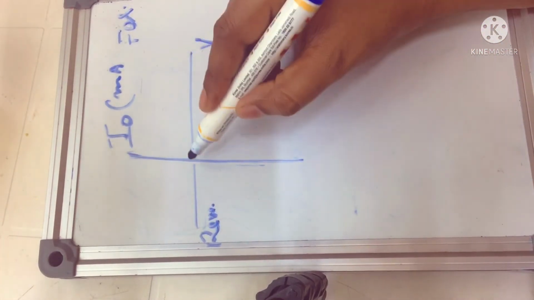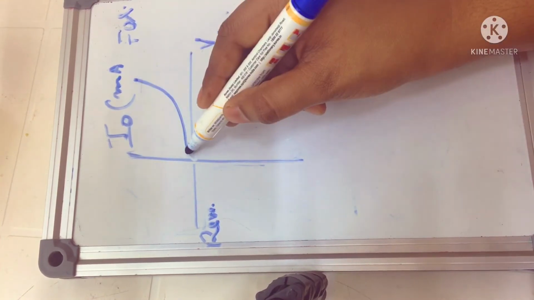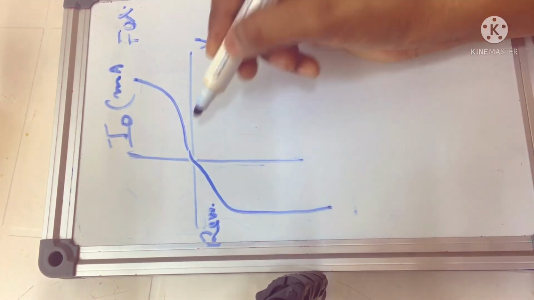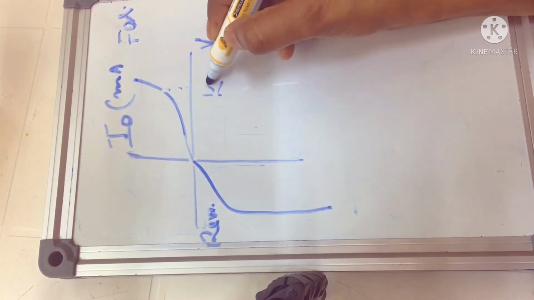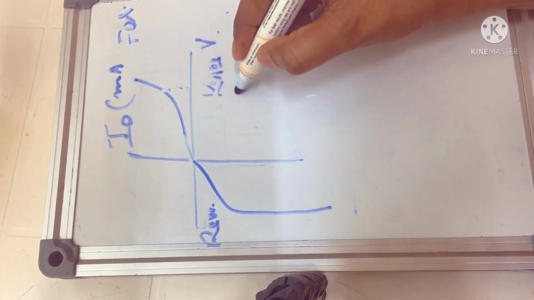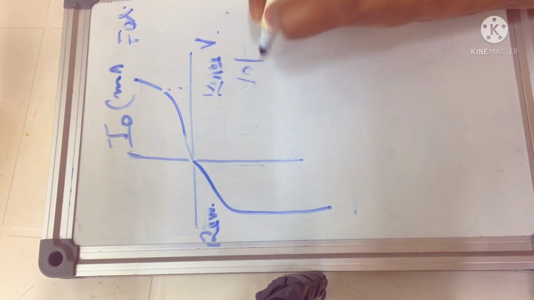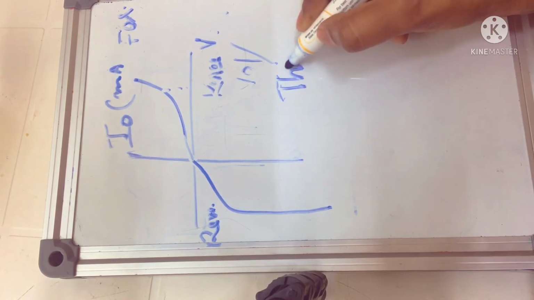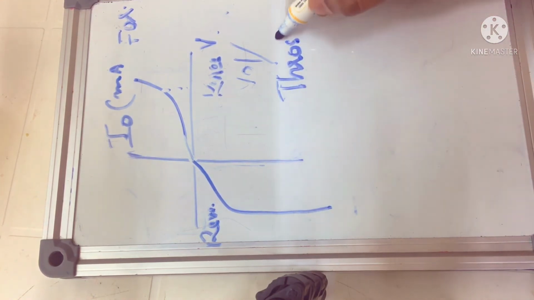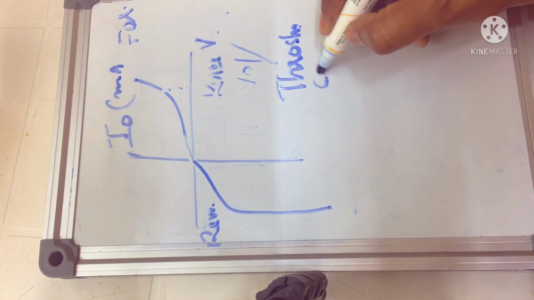We are drawing the characteristics like this. This is the knee voltage, or threshold voltage, or cutoff voltage.